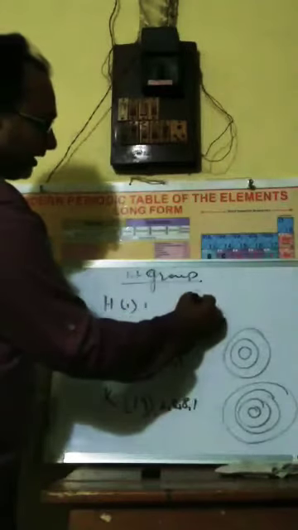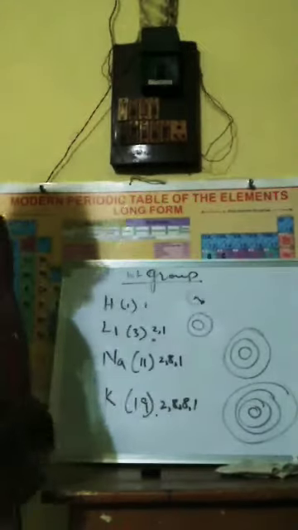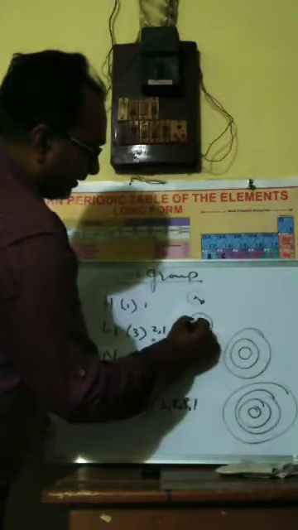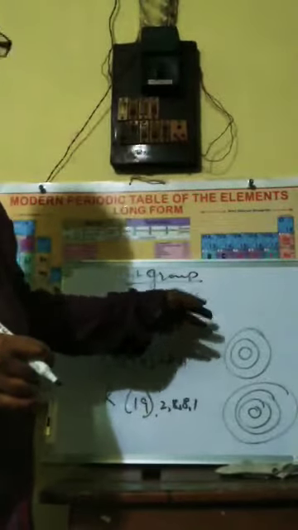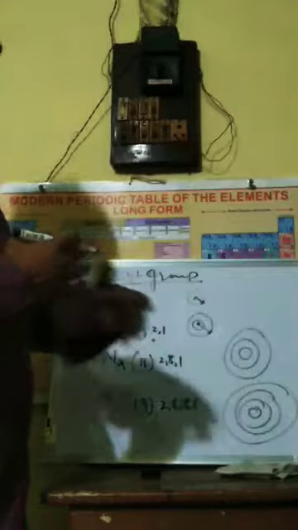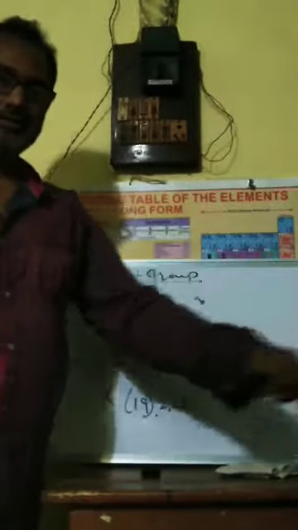This is the outermost electron, so this is the atomic radius. Now what happened? The shell is multiplying. So now what is the radius? This is the radius. Now there is an increasing number of shells, so the distance of the outermost electron from the center is increasing.